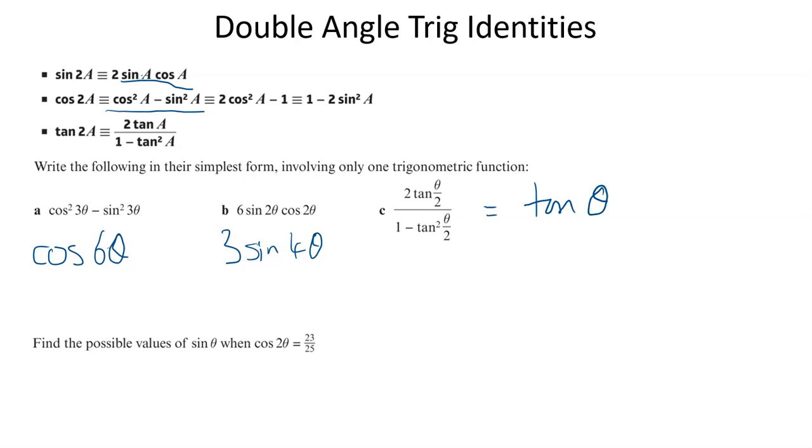Let's do another example. Find the possible values of sine theta when cos of 2 theta is this. Right, okay. Well, there's 2 ways to go about this. I suppose what you could do is you could just work out what theta was. You could do the inverse cos of 23 over 25, and you'll find various values, and then you'll be able to put them into sine.